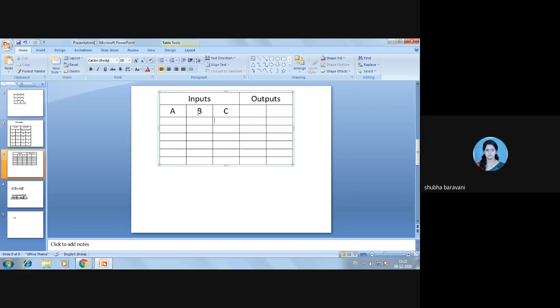Okay, so I'll write down the bits: 0, 1, 0, 1, 0, 1, 0, 1, 0, 0, 1, 1, 1.